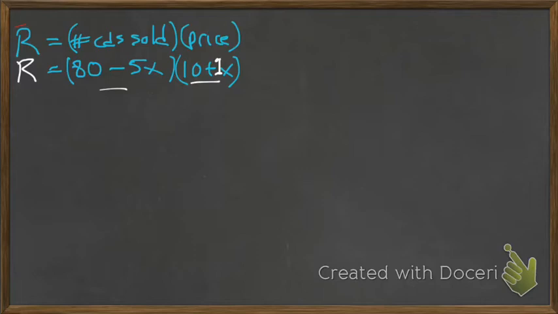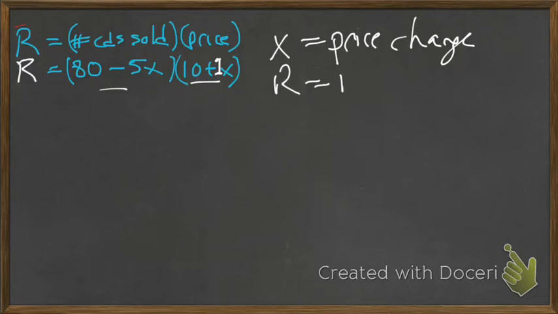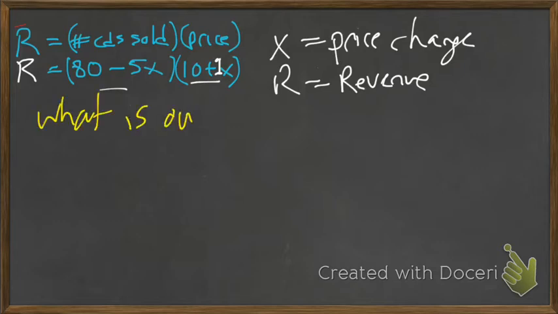We need to find a way to find out this value, whatever x will be. X is equal to price change, and R is equal to revenue. And what we want to know is, what is our max revenue?